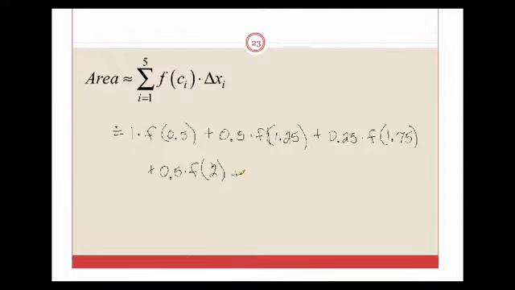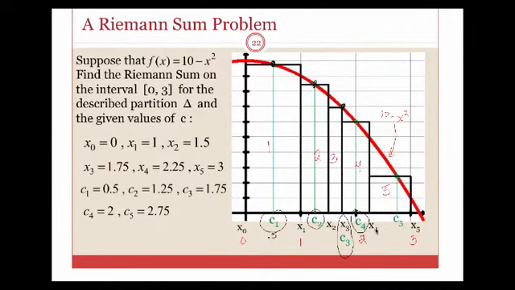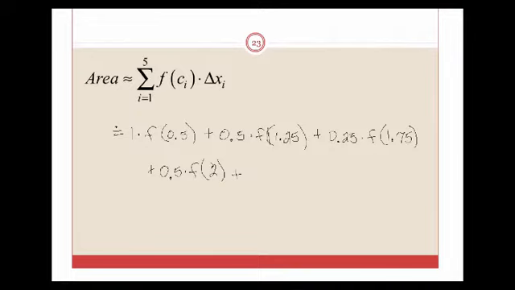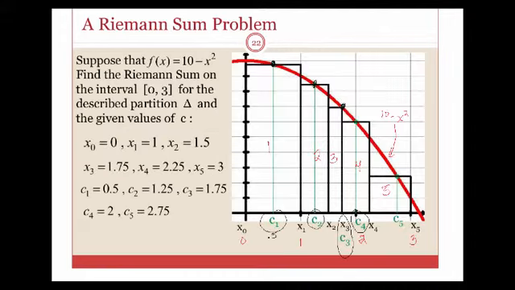All right, one last rectangle to go. The last rectangle is going from x4 to x5. So that's 2.25 to 3. So that has a width of 0.75. And the height we're getting from, it's a little off center right here.